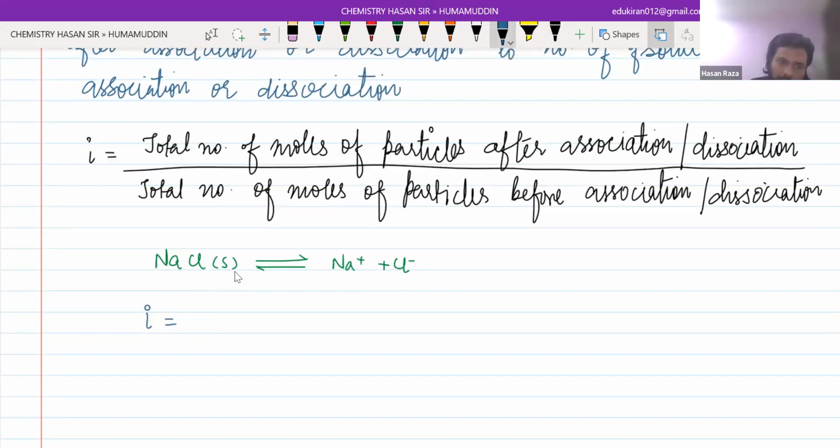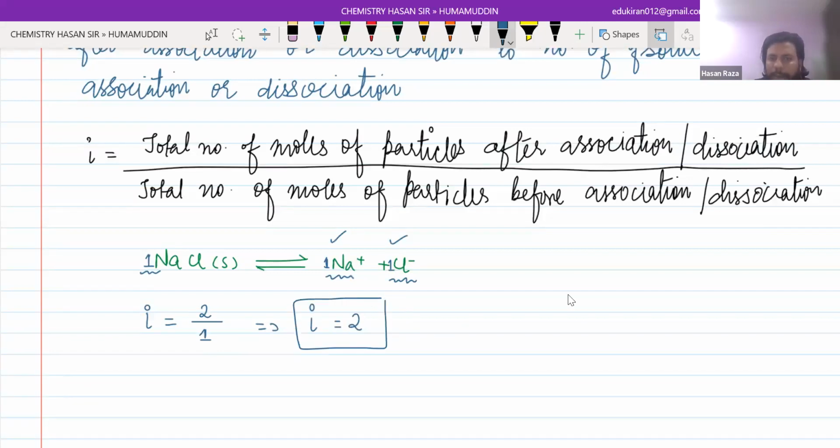You can see it is dissociated because 1 mole gives you 2 moles. So after dissociation, the total number of moles of particles is 2, divided by, before dissociation, only 1 mole. So i will have a value equal to 2. Are you getting my point?